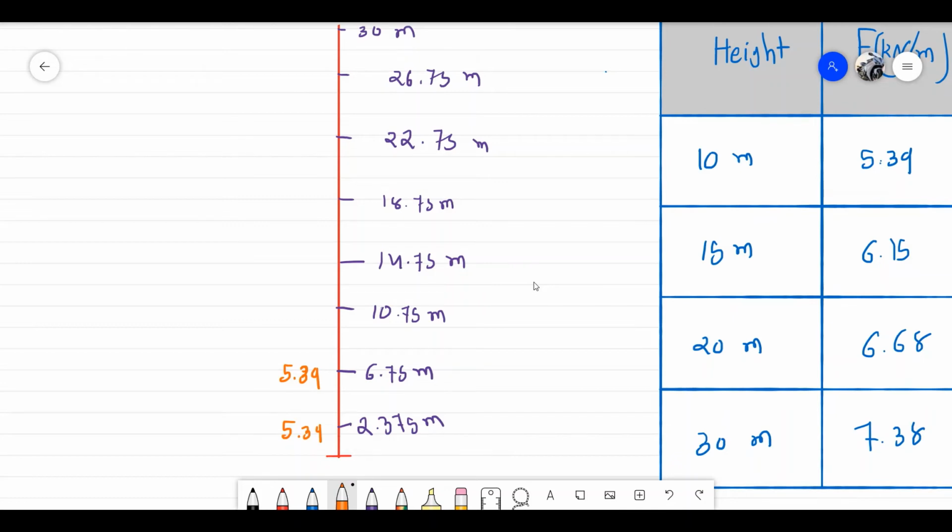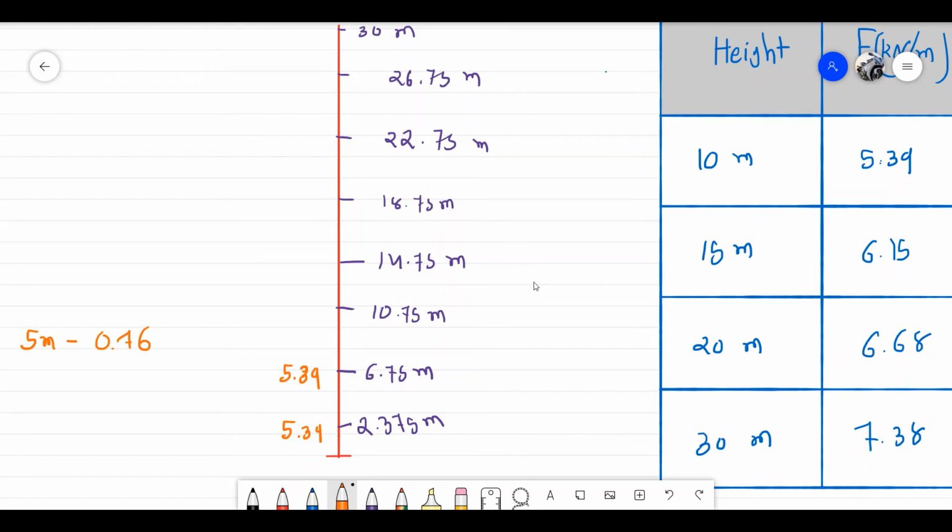So here we find out the difference between these two, 10 and 15. So difference between 10 and 15 is 5 meter. And difference between these two, 6.15 minus 5.39, is 0.76, right?